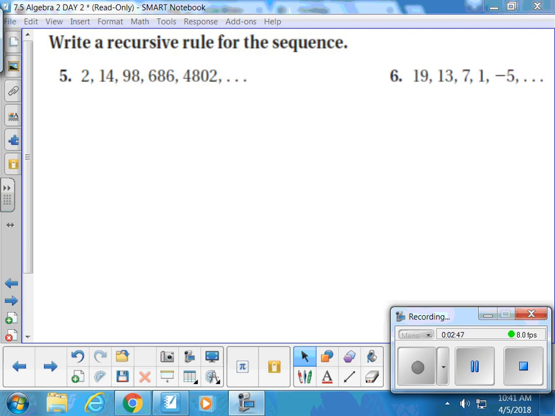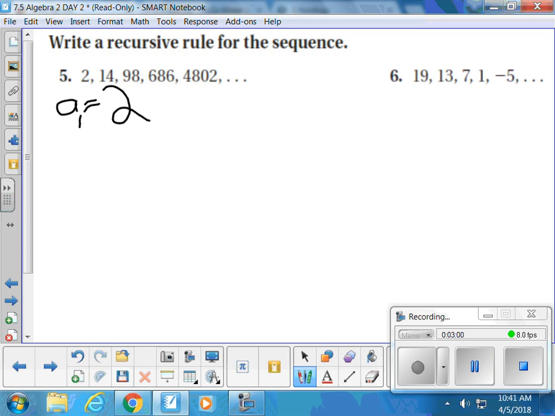All right, class. It's Mr. Burns Ward here. And we're going to do question number 5 here. So we're going to start off with our A1. We know that's 2. It's really not aligned. And then what we're going to do is divide the second term here by the first term. Wow, that is really bad.